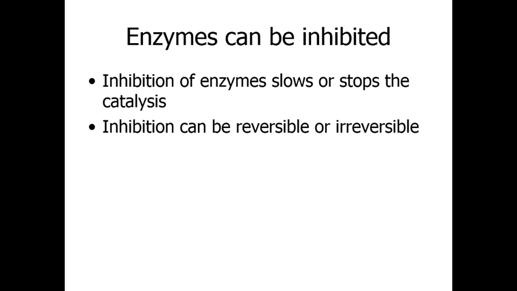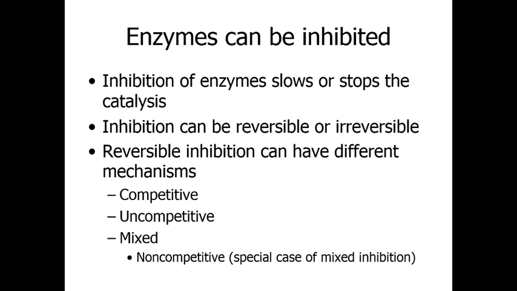Irreversible means that the inhibitor makes a covalent bond with the enzyme, and it will not leave the enzyme. Reversible inhibition can have different mechanisms. It can be competitive, uncompetitive, or mixed. Non-competitive is a special case of mixed inhibition.